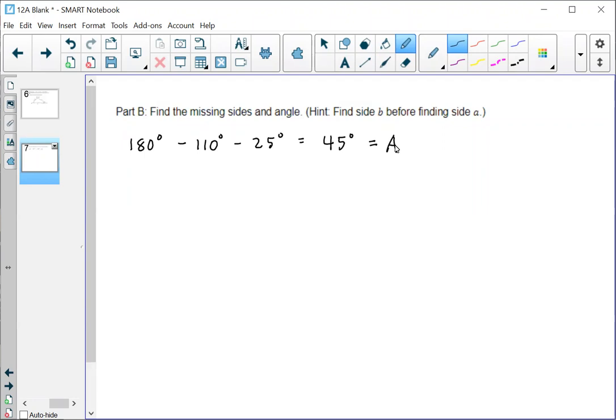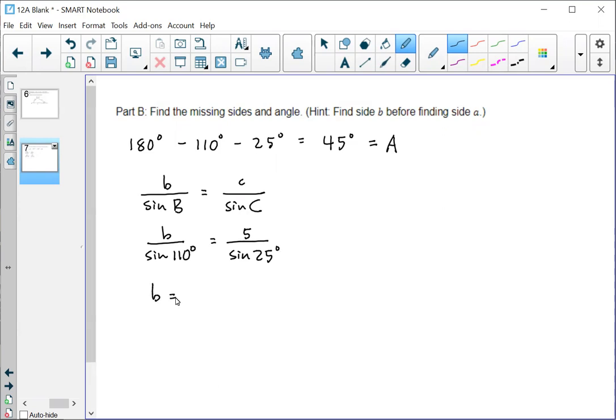We're going to need the law of sines here. If I want to find side B's length, we can use the law of sines in this form: B over sine B equals C over sine C. The sine of B is the sine of 110 degrees, C is length 5, and sine of C is sine of 25 degrees.